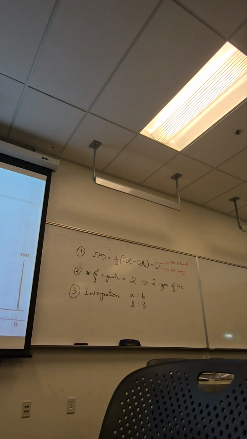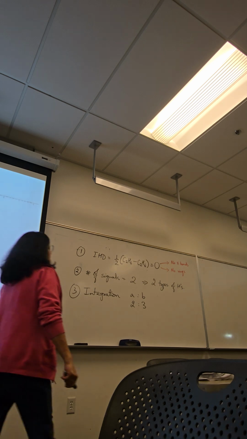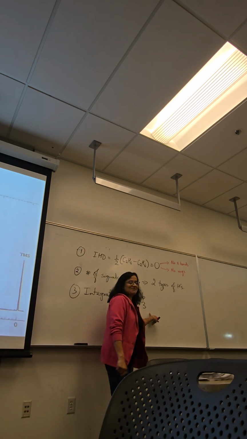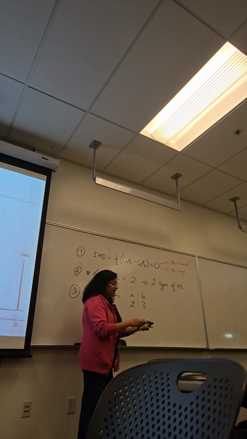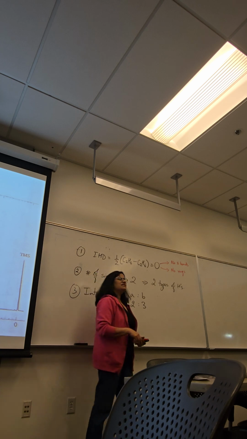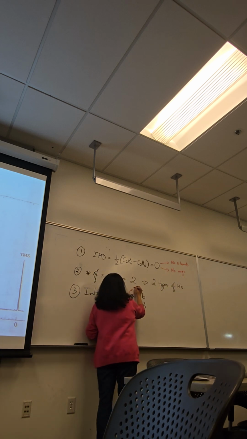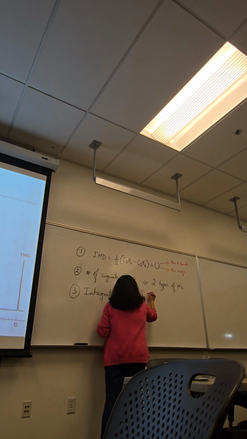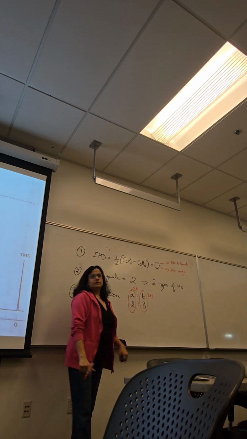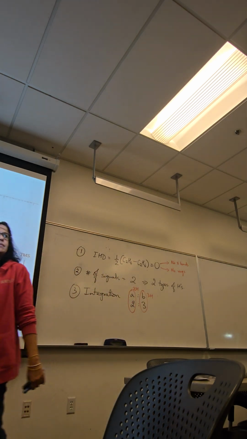Now guys, can you tell me what's the total number of hydrogens in this molecule? 5, right? 5 hydrogens. What is 2 plus 3? 5. So therefore, is it reasonable for me to assume that this is 2 hydrogens and this is 3 hydrogens? Yeah. Reasonable?